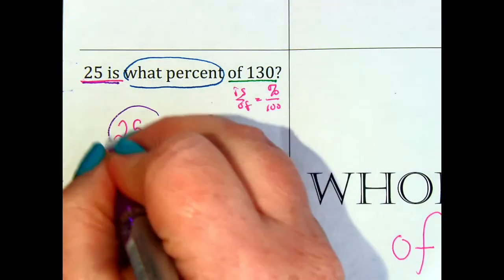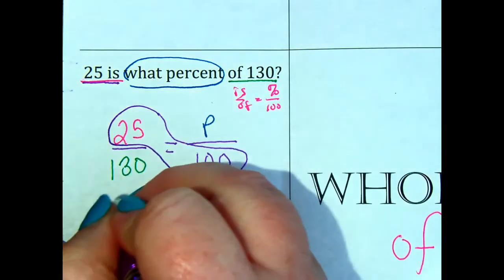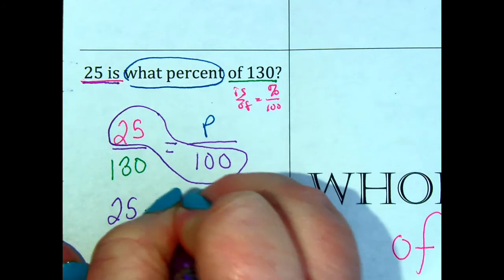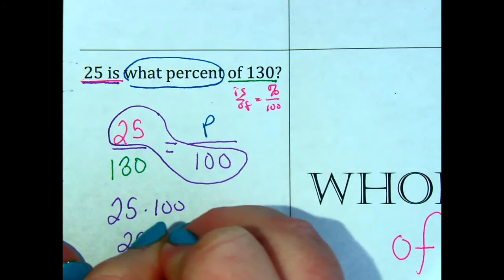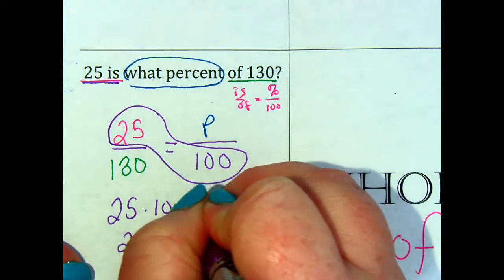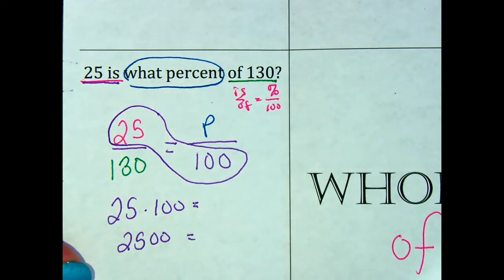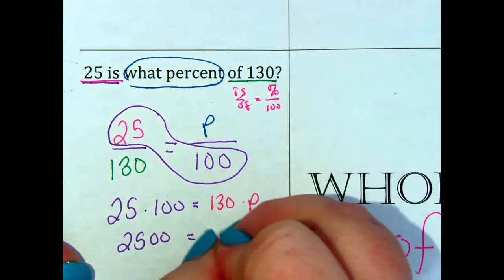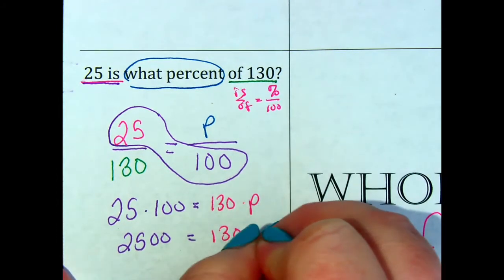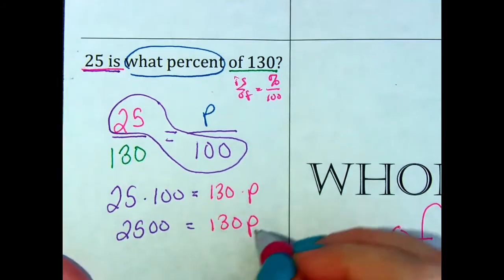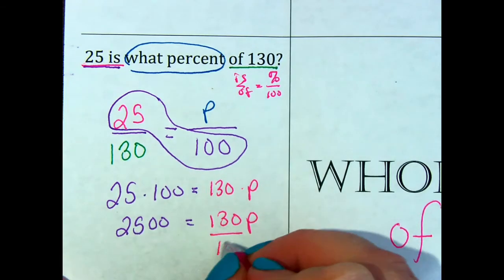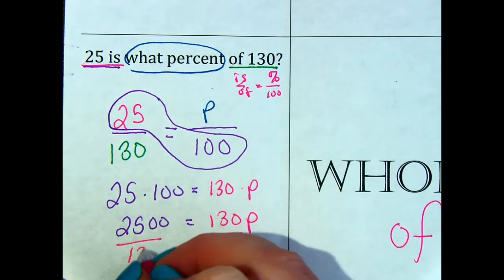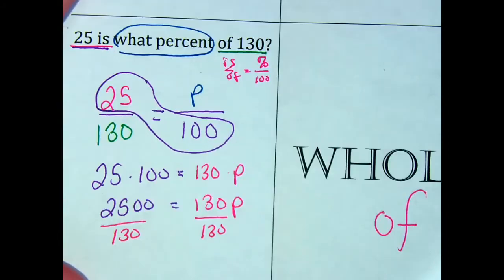So 25 times 100 is 2,500. 130 times P is just 130P. And then to get the percent by itself, I divide by 130.